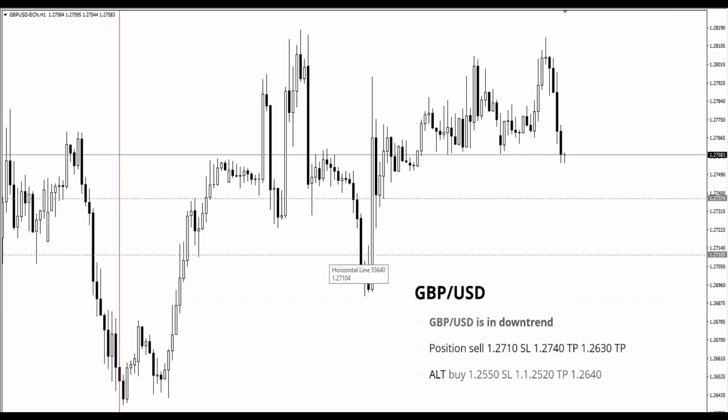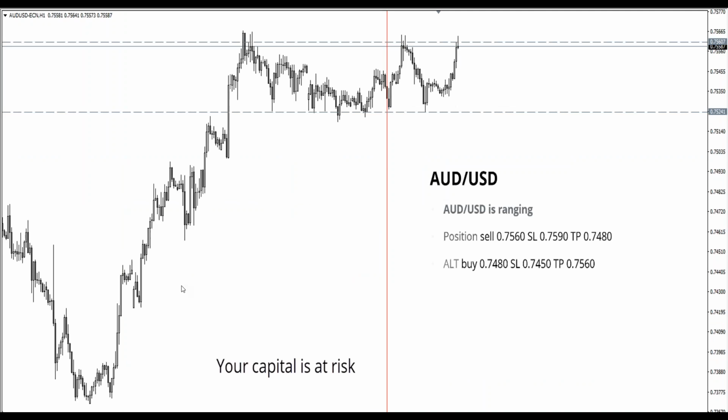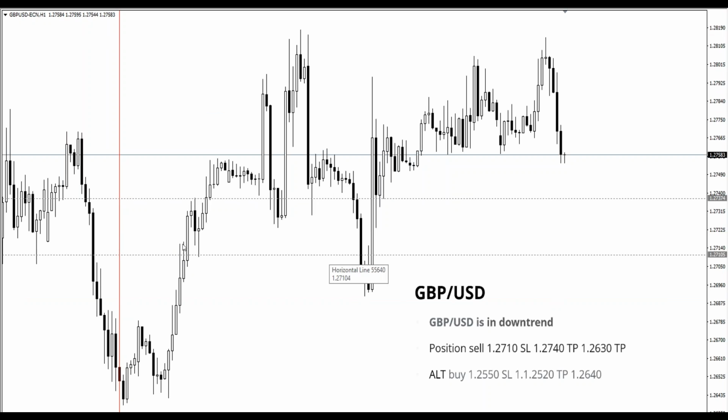Pound dollar was, as you can see here, we had a positional sell trade open at this spot. Initially, the trade rejected, but it was here. You see the trade rejected, but I personally didn't get the move correctly.